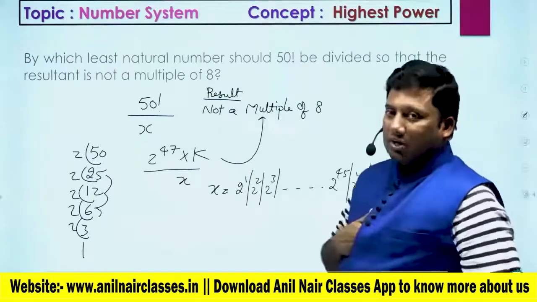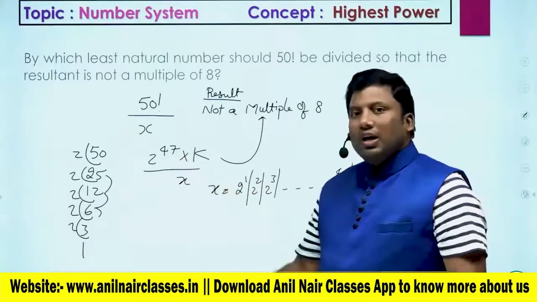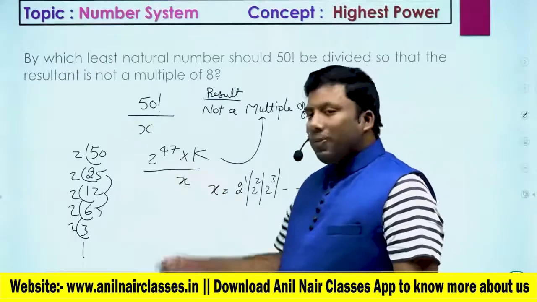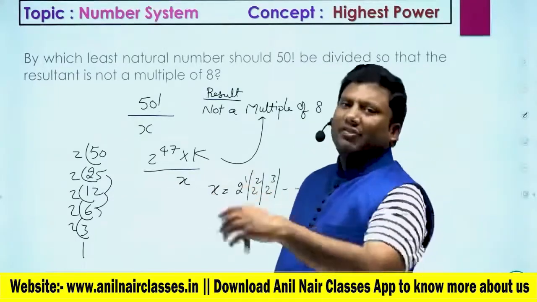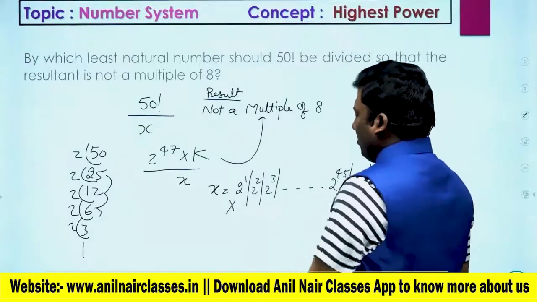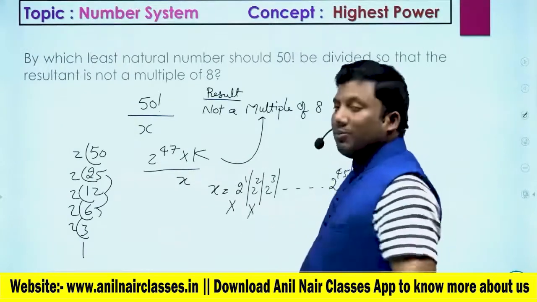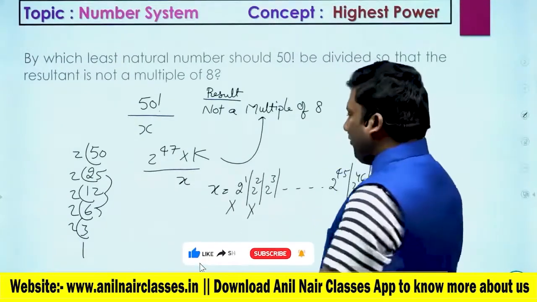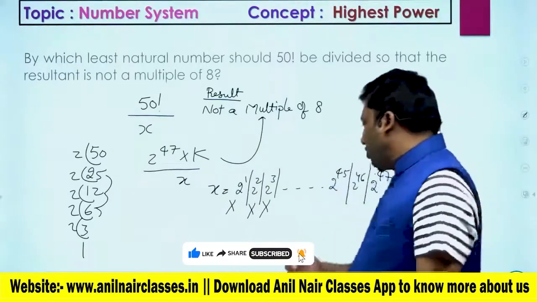I want the smallest. Now see here, if x is 2, 2 power 47 by 2 is 2 power 46, which can be written as 2 cube into something. It is not possible. With 2 square, 2 power 47 by 2 square is 2 power 45, which is again 2 cube into something.